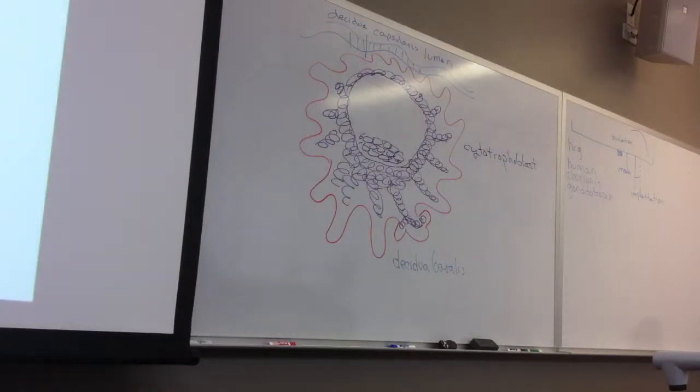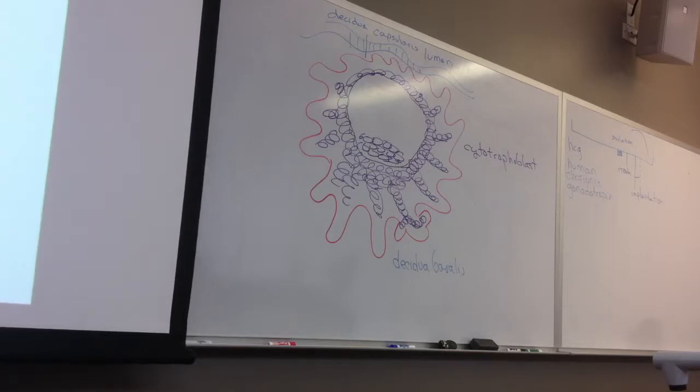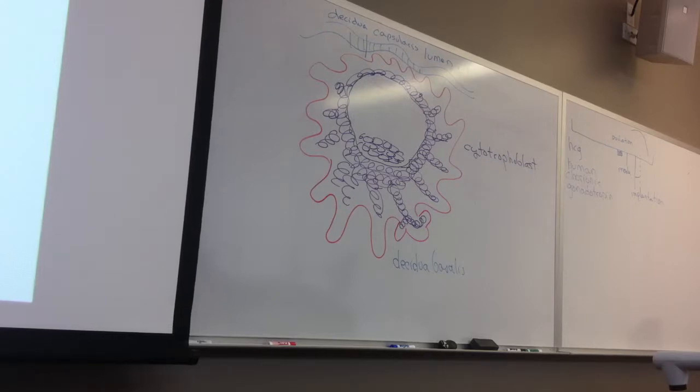The third type of decidua, remember that uterus that I drew earlier? And then we had that growing fetal tissue coming out here. So here is what I've drawn on the board. This would be the decidua basalis. Up here, just under the lumen, would be the decidua capsularis.